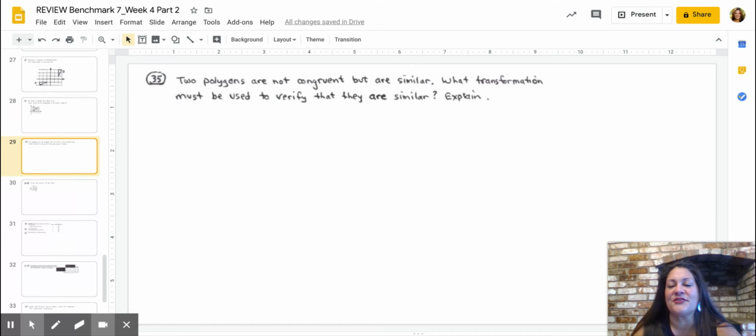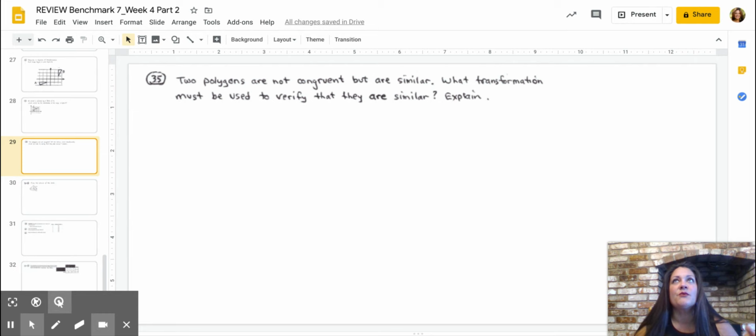Number 35. 2 polygons are not congruent, but they're similar. So congruent is the same, but they're similar. What transformation must be used to verify that they are similar? And explain. Okay, so for this, it's what we were just talking about, dilations.